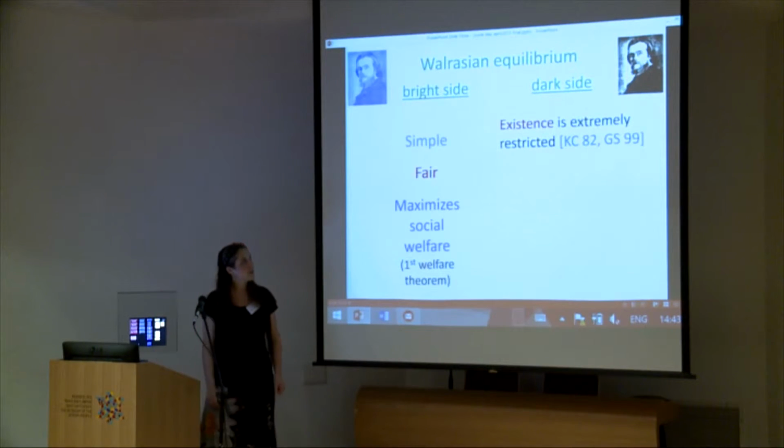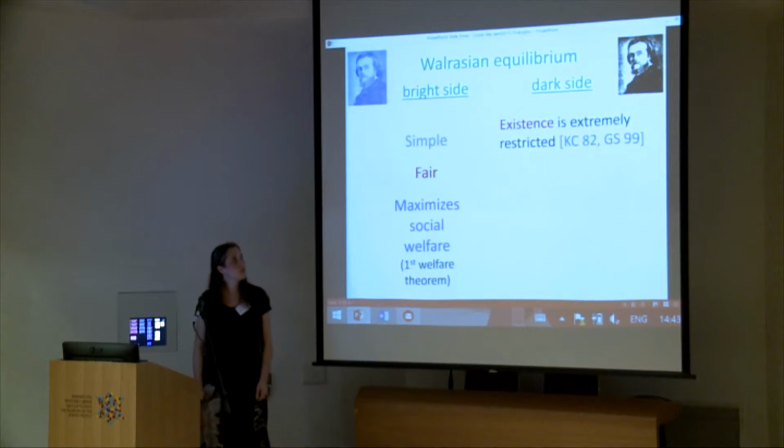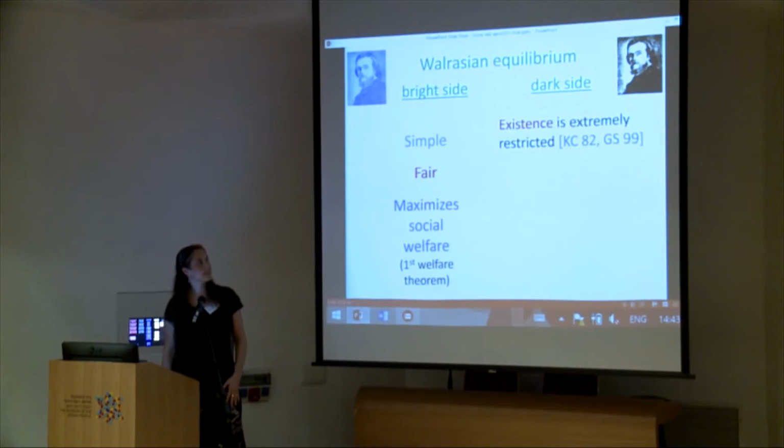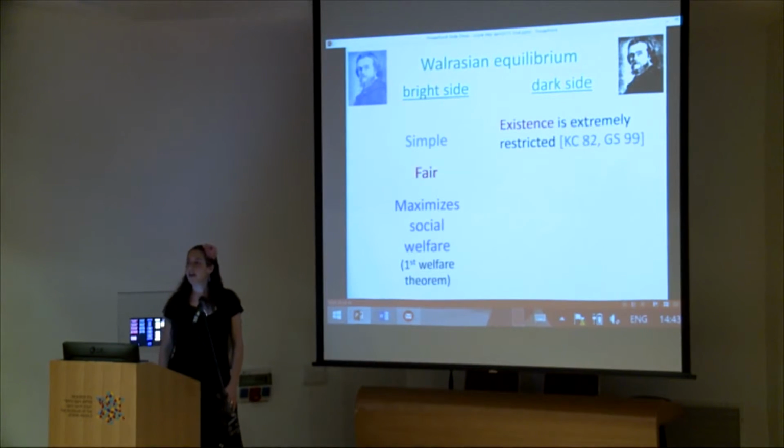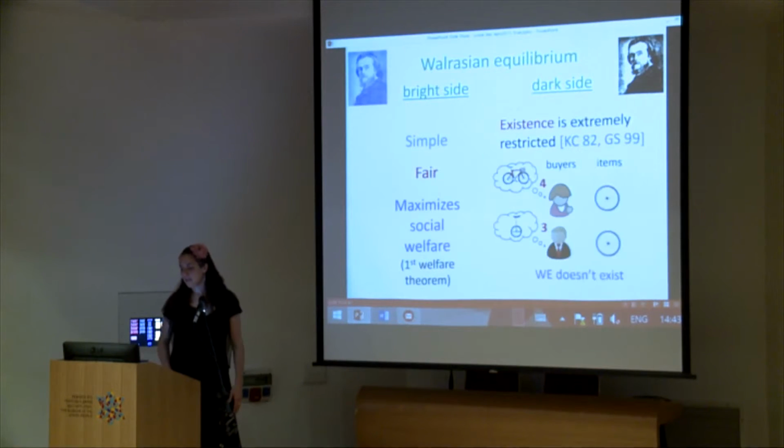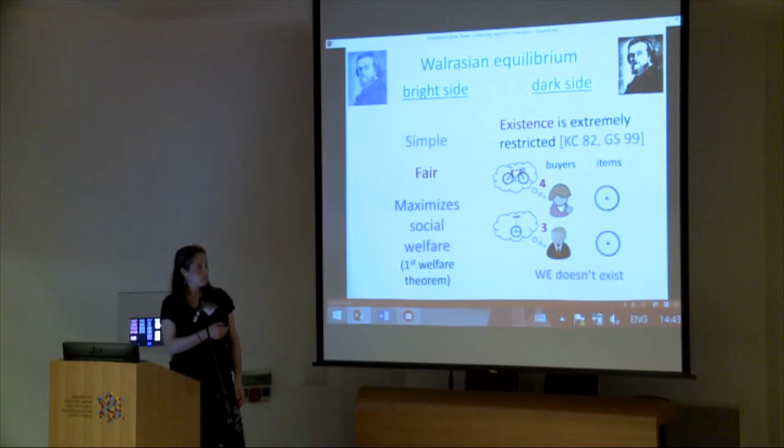However, there is also a dark side to a Walrasian equilibrium, which is that existence is extremely restricted. In most cases, a Walrasian equilibrium simply does not exist. For example, here is a very simple example. We have Alice. Alice wants to have her bicycle fixed, and we have Bob who has a unicycle.